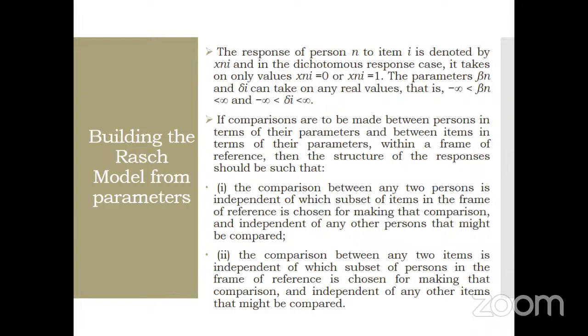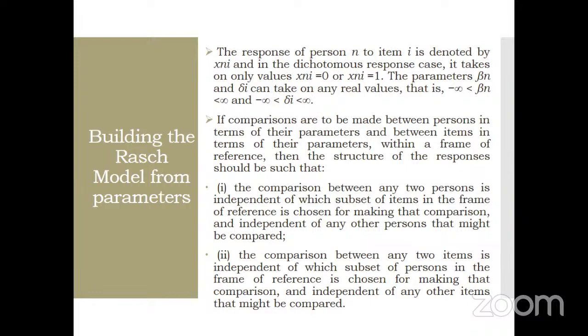So what can be the value of this response? Either 0 or 1. If the person gets it correct, he or she gets a score of 1. If the person gets it wrong, then he or she gets a score of 0. Isn't it? Clear? Everyone? Yes, ma'am. Okay.